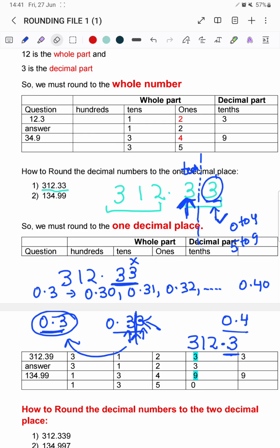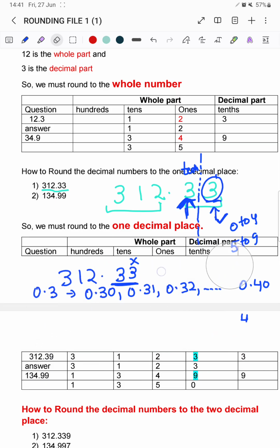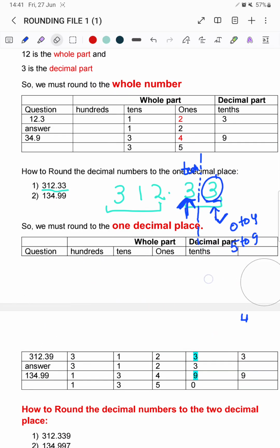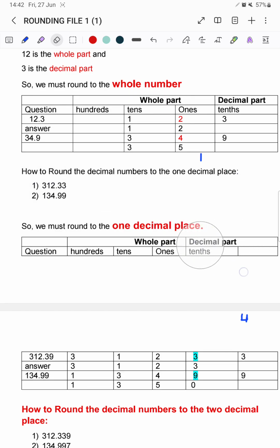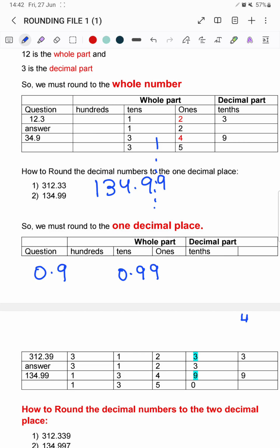Okay, now the next question is 134.99. This is the number, and again we have to give the answer to one decimal place. So 0.99 basically lies between 0.9 and 1.0, because after 0.9 we get 1.0.